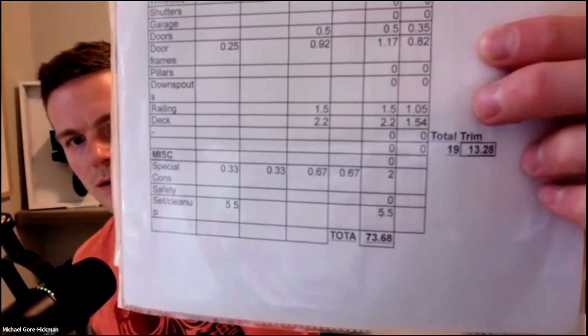So in this one, we had 7 hours of prep. We had 15 hours for siding for the first coat, and then 10 hours for the second coat. And then there was trim, and then there's a total at the bottom. So 73 hours. We would have the contract.